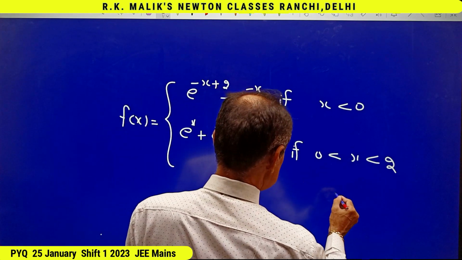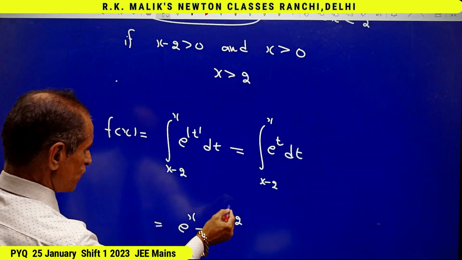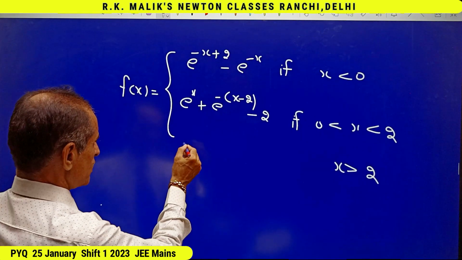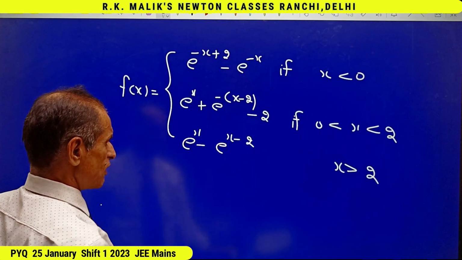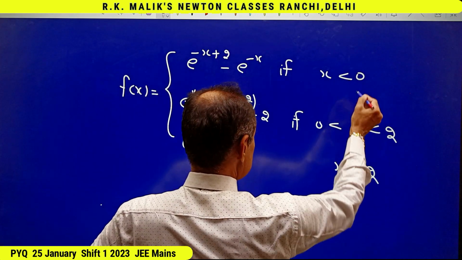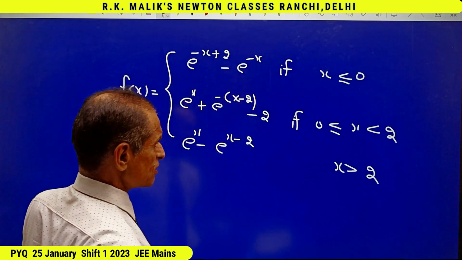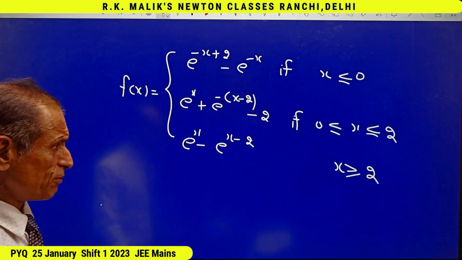And third case, if x is greater than 2, from here I can write e^x minus e^(x minus 2). And it is very easy to see that for x equal to 0 both are giving the same answer, for x equal to 2 both are giving the same answer.